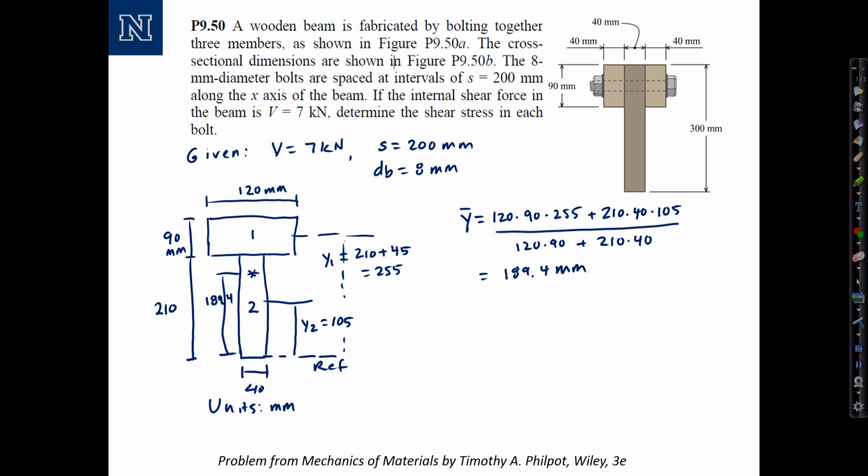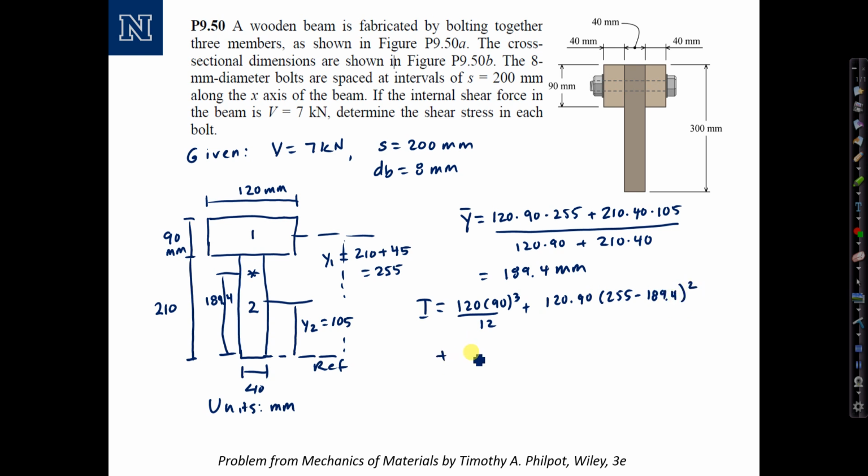Now we'll solve for I using the parallel axis theorem. I equals the moment of inertia of section 1, 120 times 90 cubed over 12, plus the area of section 1, 120 times 90, times d squared, where d for section 1 is 255 minus 189.4. We square that term.